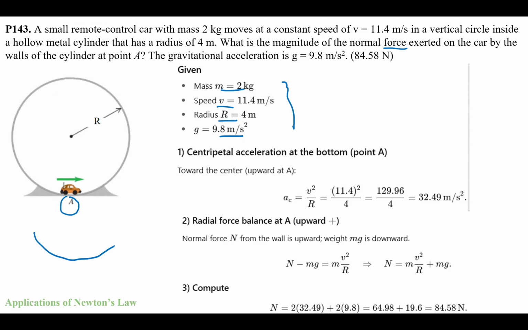At the point A, the central acceleration at the bottom is upward. So it is given by this acceleration, the centripetal force. And then there is a normal force from the wall, which is upward, actually.